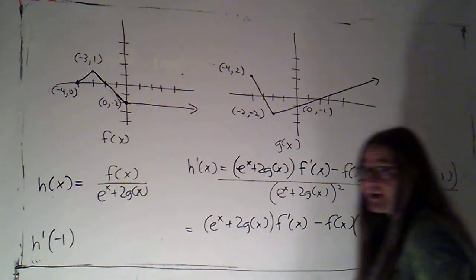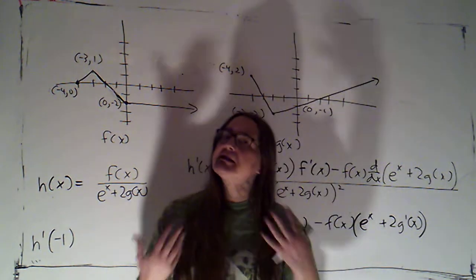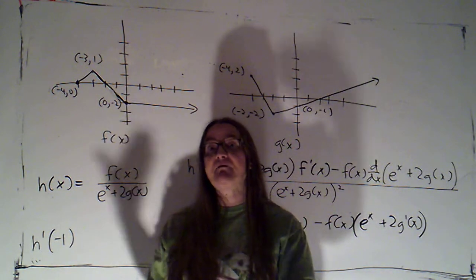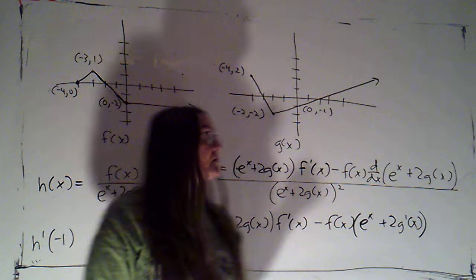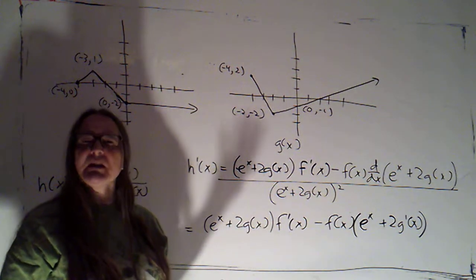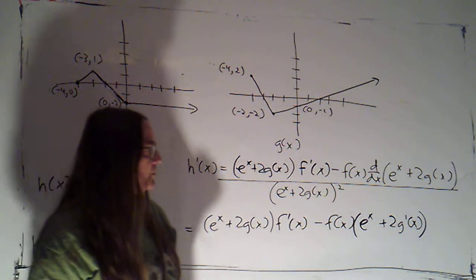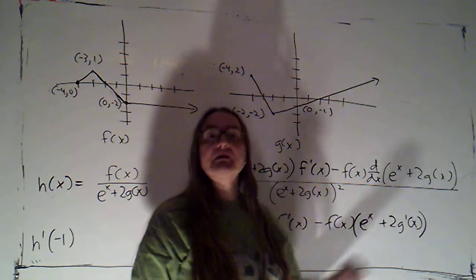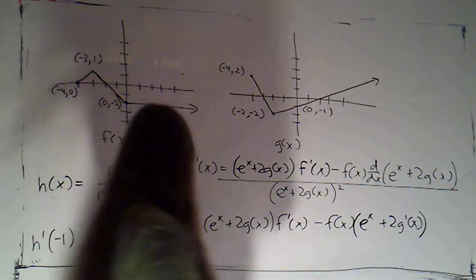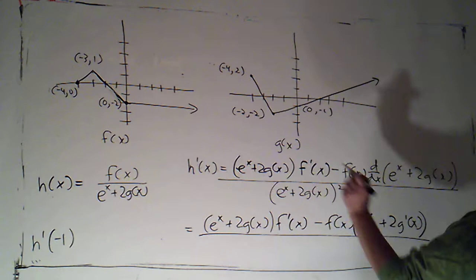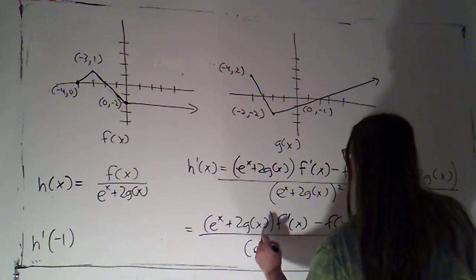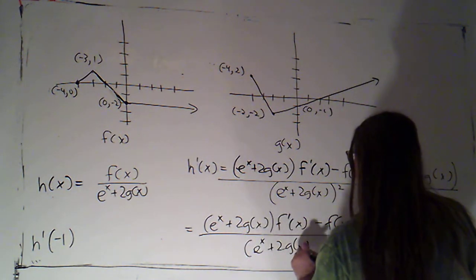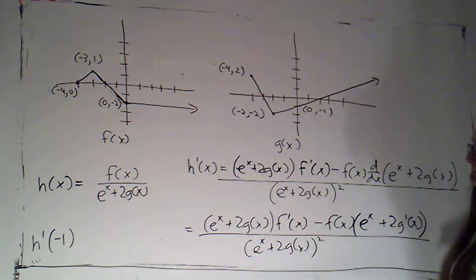Notice that is a product, 2 times g of x, but it's the special type of product where one of my factors is a constant. So I could use the product rule, but I don't need to. I can use the constant multiple rule to say I'm going to get 2 copies of the derivative, and usually that's faster. This is still over e to the x plus 2g of x quantity squared.